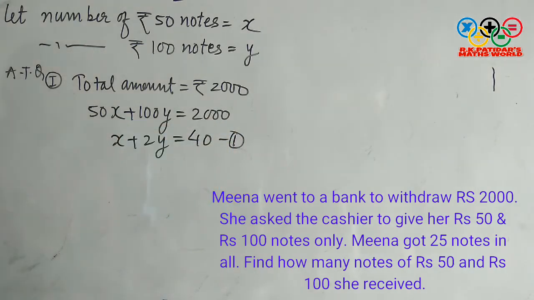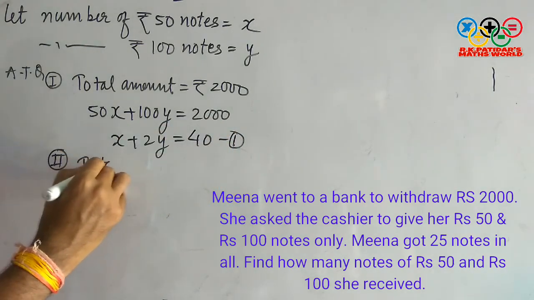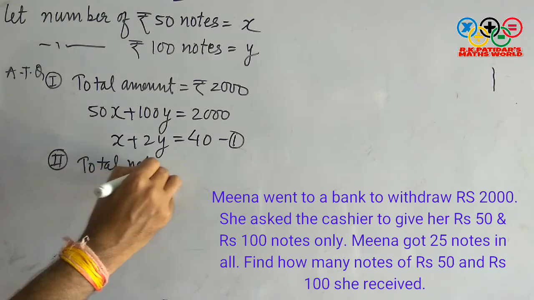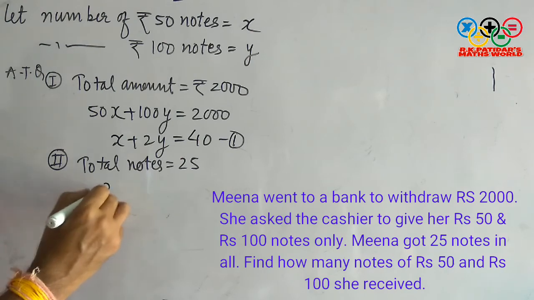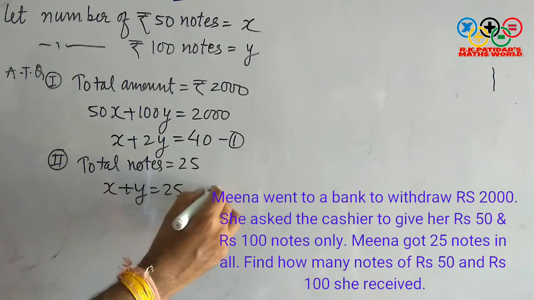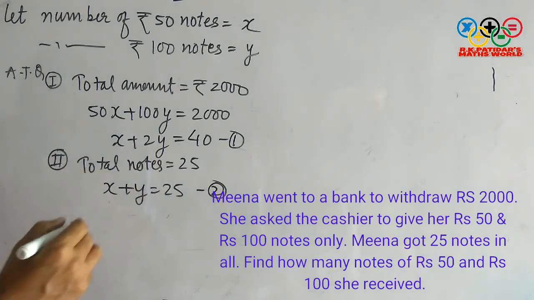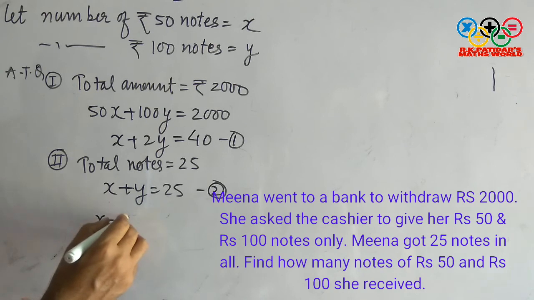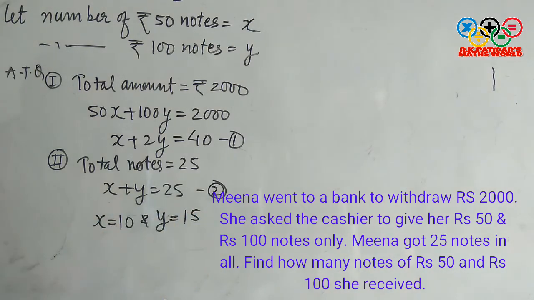This is the first condition. One more thing is given, total notes is equal to 25. Total note कितने 25 है, means x plus y is equal to 25. ये सेकंड इक्वेशन हो गई. इजीली हम दोनों को सोल्व कर पाएंगे. सोल्व करेंगे तो आपको मिलेगा x is equal to 10 and y is equal to 15.